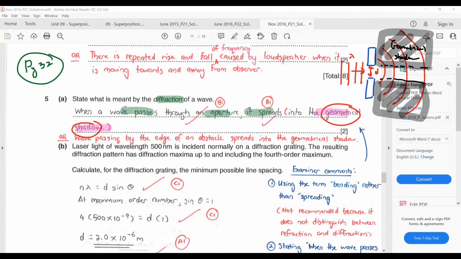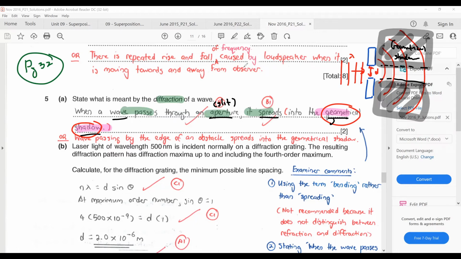So that's why we say that when your wave passes through an aperture or a slit, it spreads into the geometrical shadow. It's actually spreading into the shadow behind the slit. That's what it meant. In older past year questions, spreading into geometrical shadow is actually a marking point in itself.